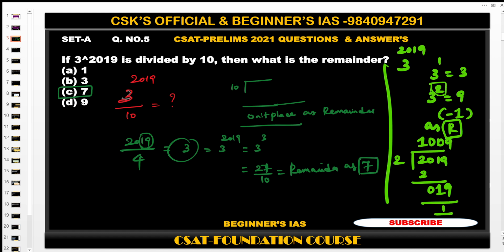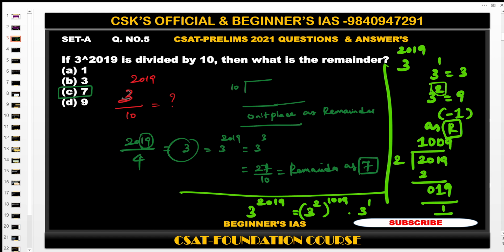Then you need to split the power here. How could you split this power? This 3 power 2019 can be split as 3 power 2, the whole power 1009, plus the remainder. The remainder is nothing but 3 power 1. Like this you have to split. Everyone understanding?